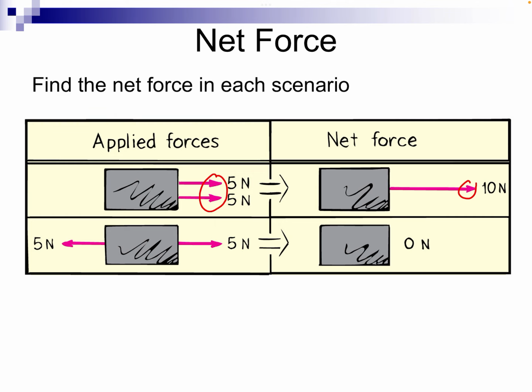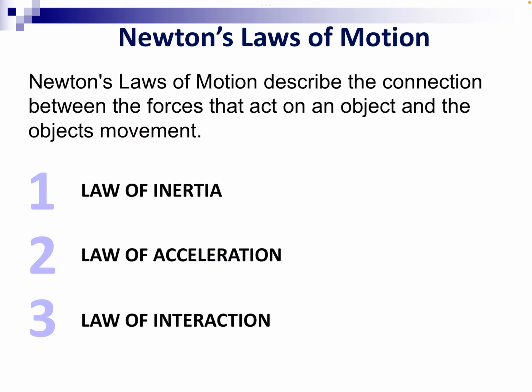All right, so we have so far identified the different forces that can act on an object. We defined each of them. We then learned how to draw a free body diagram, and then we had a revision about how to get the net force. So why do we want to get the net force?